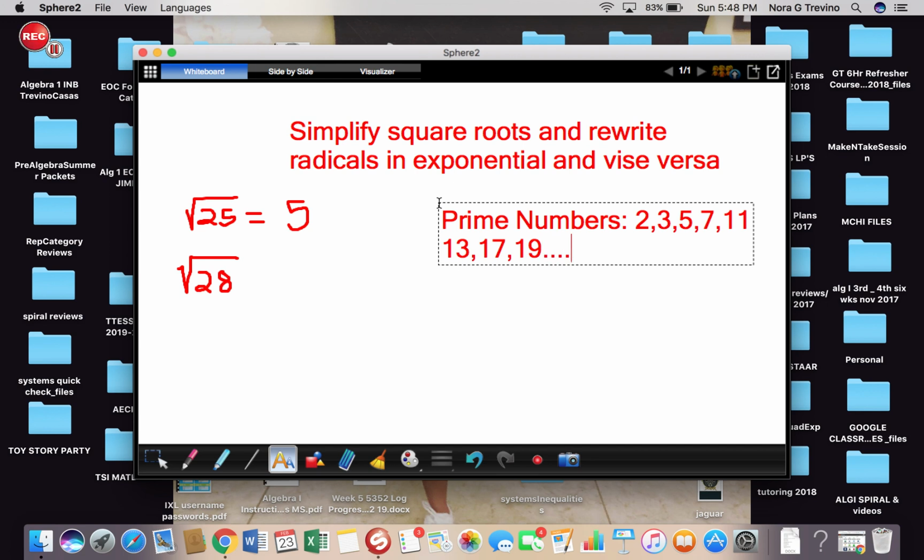But if you can remember the first 8, you're going to be able to simplify square roots very easily, okay?